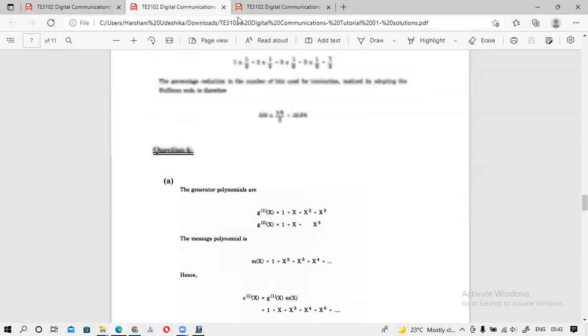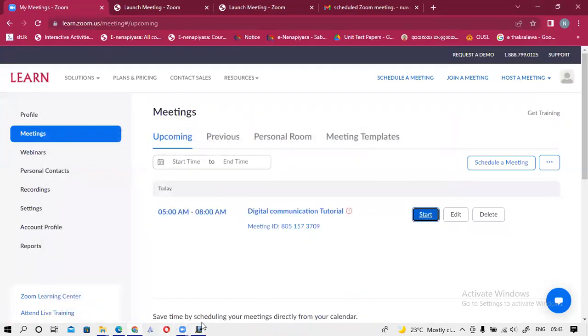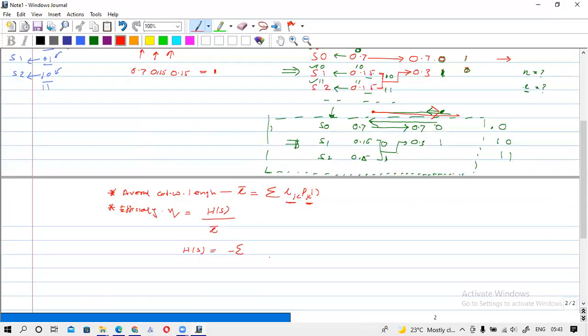Yes, thank you, P log 2. Okay, thank you. So it is pk log 2.